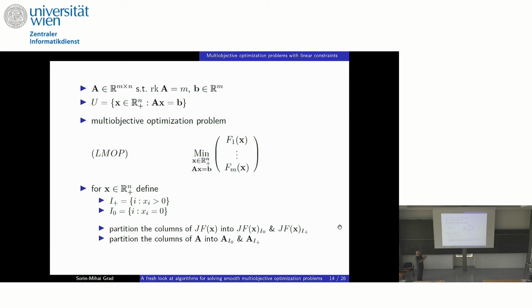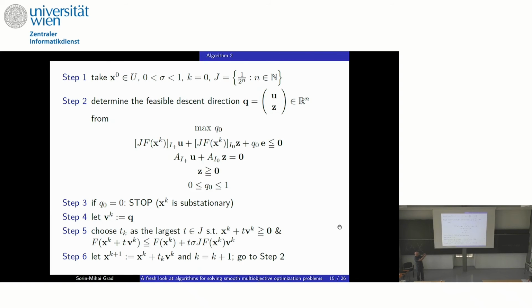Basically, for each x, one has to distinguish between the indices where the entry of x is positive or 0, and then we cut the columns of the Jacobian of f and of this matrix A accordingly. So these guys are here, I plus, I0, and so on.